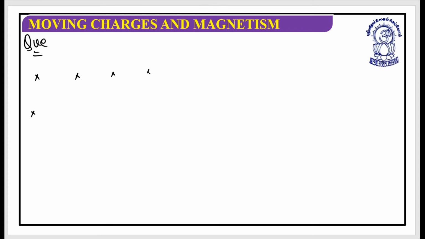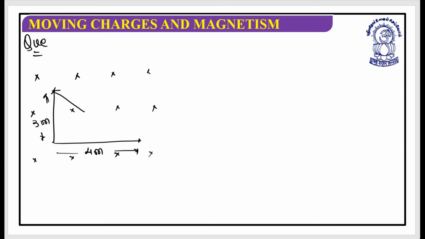Let's suppose a magnetic field has been set up and a current carrying conductor is something like this. This is of 3 meter. This is of 4 meter. Current is flowing such as from here to here.